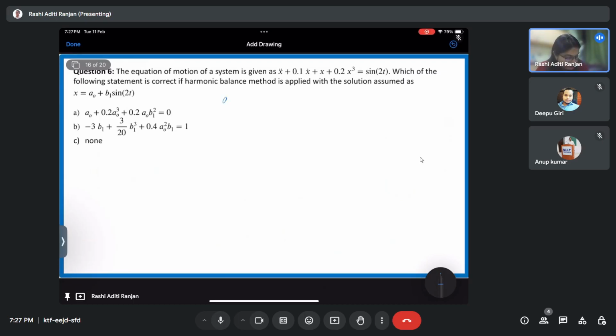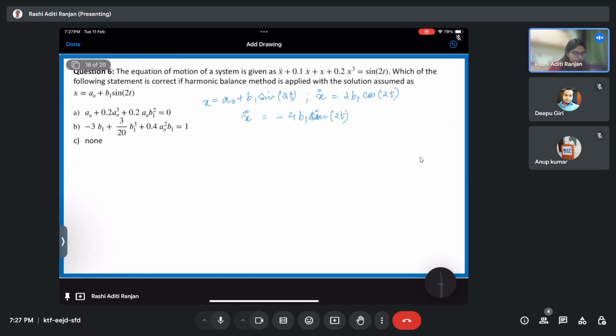So our first approach will be to write x and find x dot, which will be nothing but 2b1, and x double dot, minus 4b1 sine of 2t.